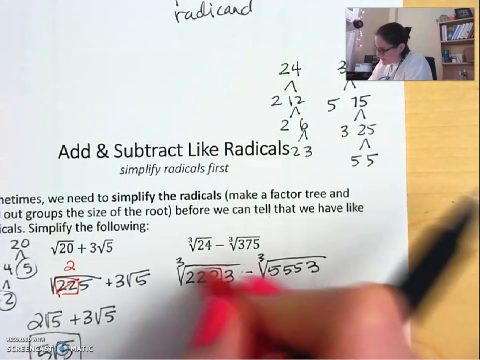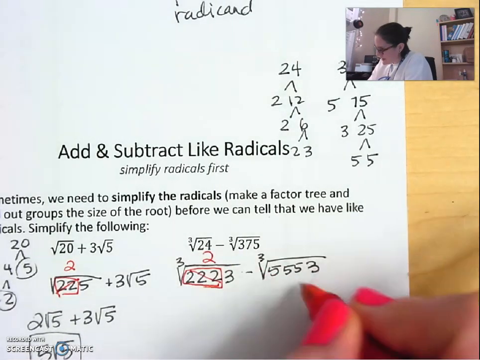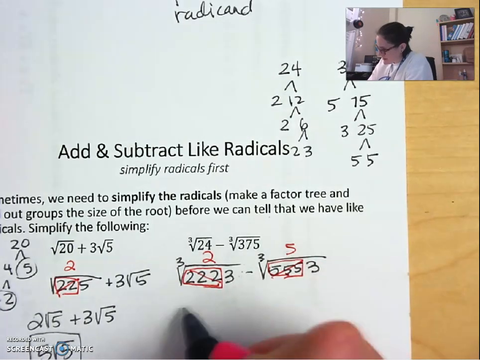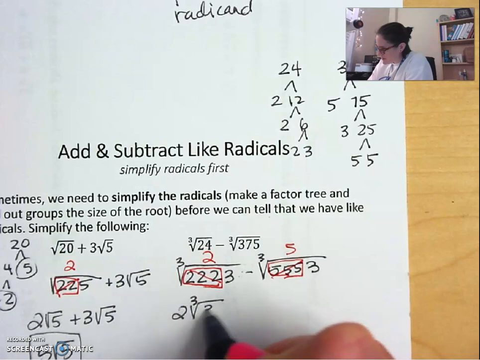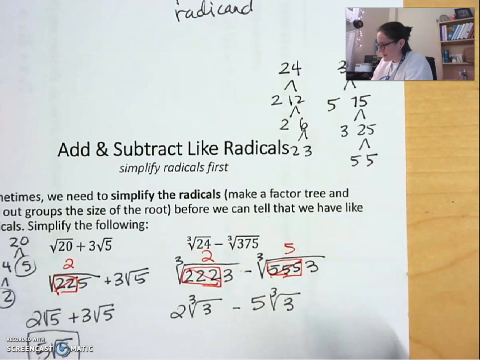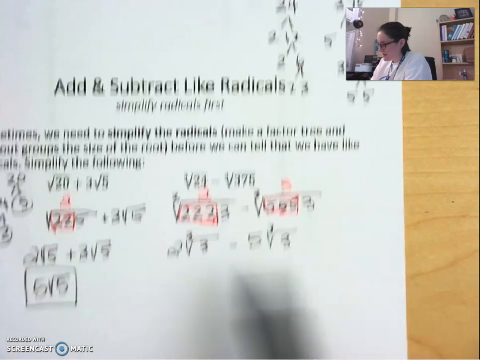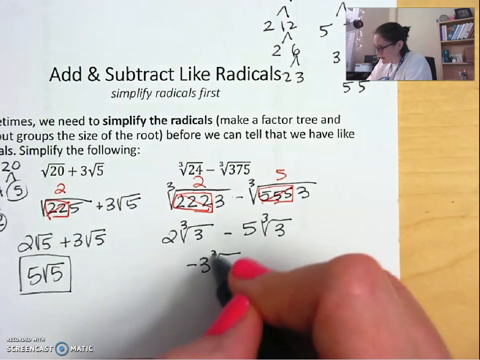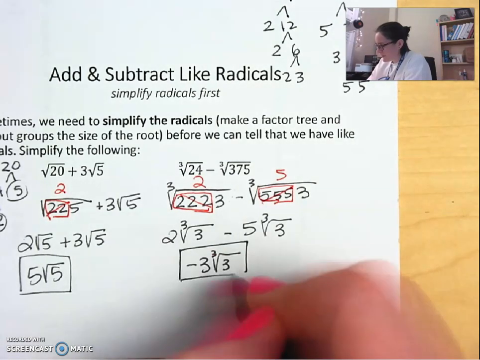So I can pull out 1, 2 here, and 1, 5 here. So that leaves me 2 cube roots of 3 minus 5 cube roots of 3. Now that their roots and radicands match, I do math on the coefficients. 2 minus 5 is negative 3 cube roots of 3.